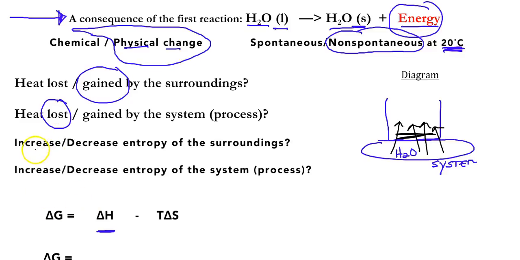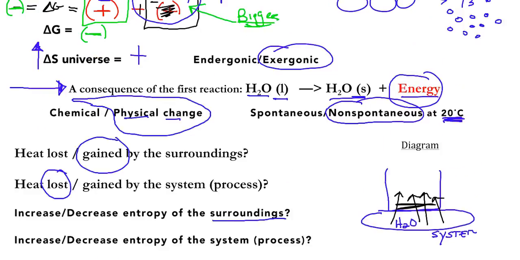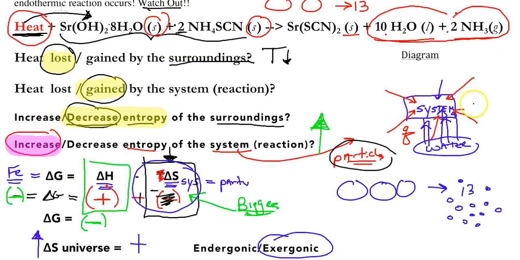Now, is there an increase or decrease in entropy of the surroundings? Well, the surroundings, because they gain some heat, these molecules grabbed the heat and became disorganized. And we know what happened: they went from 3 particles to 13. So we know there's some disorganization that occurs because of that energy that flowed.